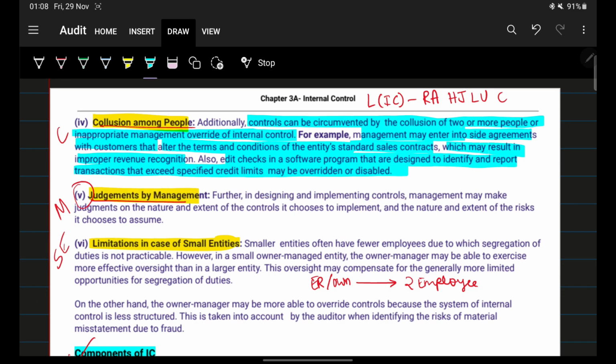In designing and implementing controls, management may make judgments on the nature and extent of the controls it chooses to implement and the nature and extent of the risks it chooses to assume.